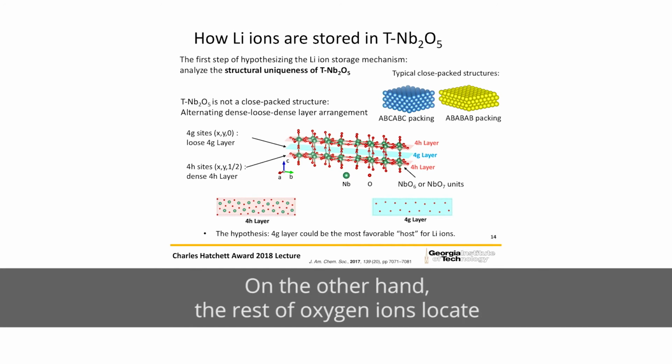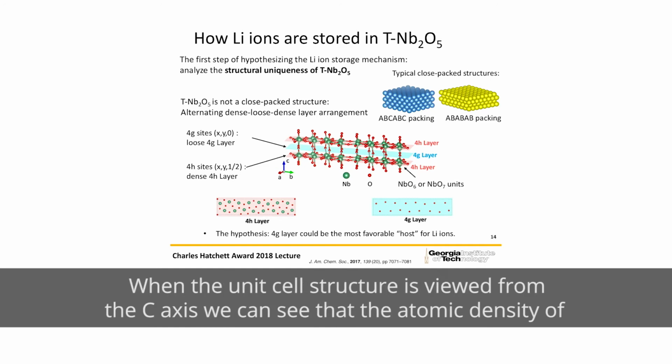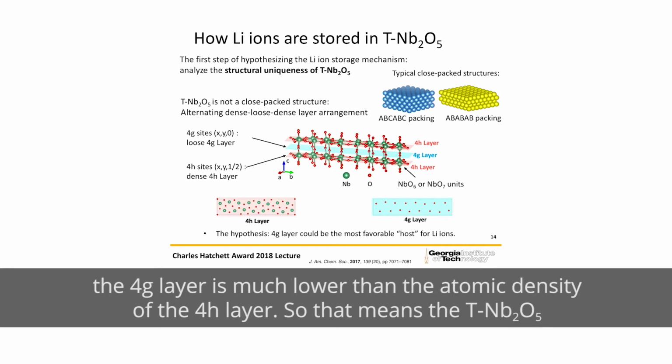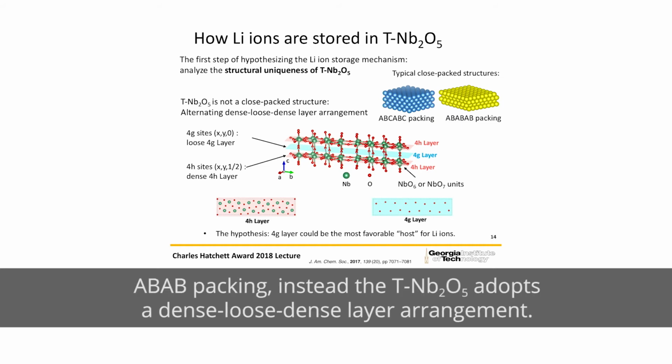On the other hand, the rest of the oxygen ions locate at the 4g site of the space group Pbam, forming a 4g layer. When the unit cell structure is viewed from the c-axis, we can see that the atomic density of the 4g layer is much lower than the atomic density of the 4h layer. So that means the T-niobium oxide structure is not a close-packed structure like the classic ABC-ABC packing or AB-AB packing.